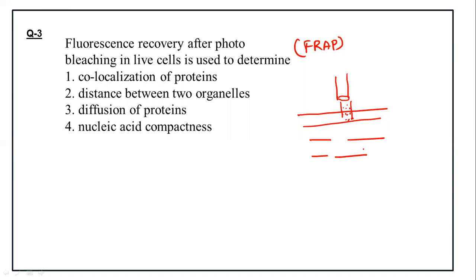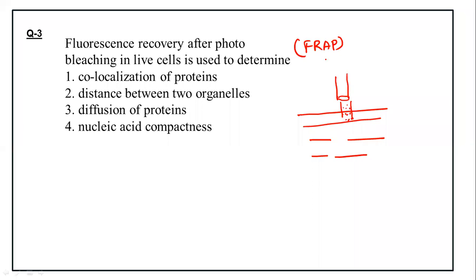Based on that, we calculate the diffusion constant, right? And how mobile the proteins are, or the diffusion rate of the protein, can be calculated on the basis of the FRAP experiment.